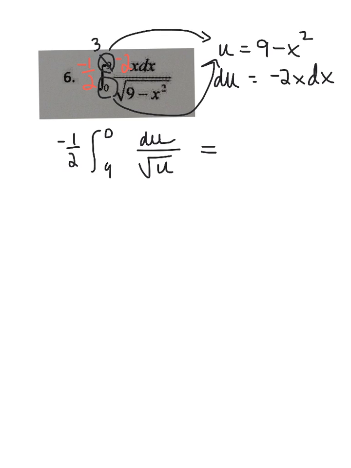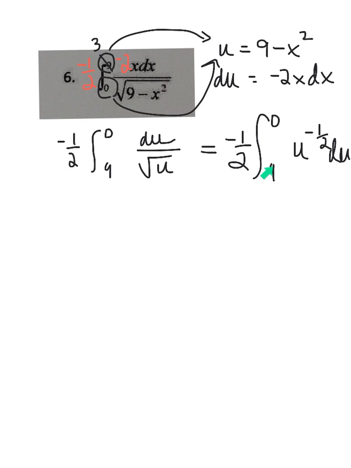All right, so let's make that negative 1/2, the integral from 9 to 0, and that's u to the negative 1/2 power. Oh, well now looky. What do we have here? Does anybody see what Miss Carter sees? These bounds are not correct. Well, they are correct, but they're not correctly placed.